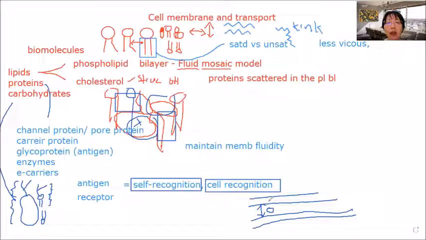When they touch a different kind of cell, they will not grow into that layer. Cells of the same type form the same tissue and grow in the same area because of cell recognition. So basically, antigen and receptor are the two basic ones, and antigen will help in cell recognition.